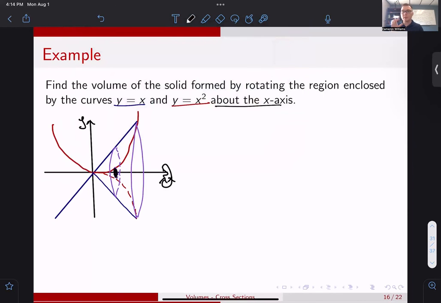We only want the portion that's stuck between those two functions. So we only want this, and we're excluding this stuff here in the middle. So what our cross section looks like is the following. Clear all that up. This is what our cross section kind of looks like.